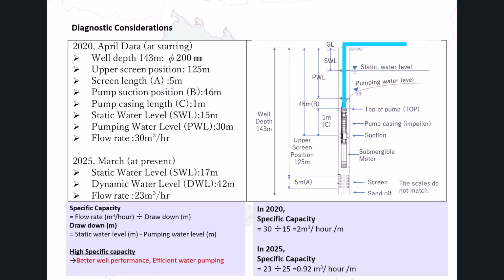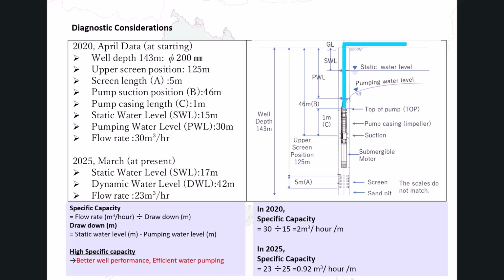In 2020, drawdown is 30 minus 15, equal to 15 meters. So, specific capacity is equal to 30 divided by 15, equals 2 cubic meters per hour per meter. At present, 2025, drawdown is equal to 42 meters minus 17 meters, equal to 25 meters.